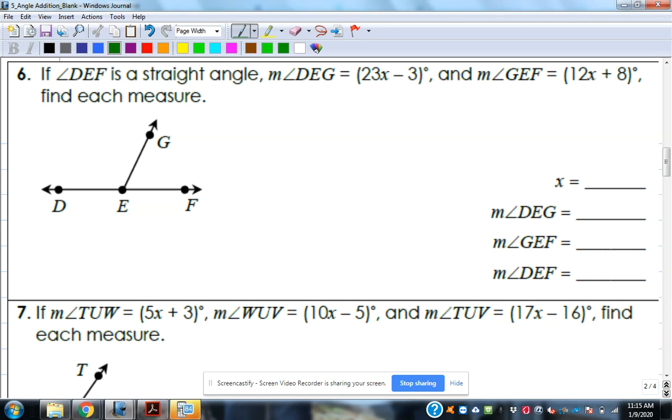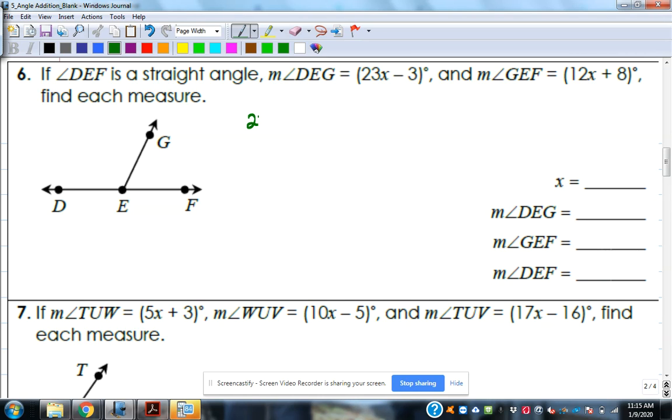All right. So let's look at number 6 there. Angle DEF is a straight angle, and the measure of angle DEG is 23x minus 3. The measure of angle GEF is 12x plus 8. How do we set up this problem? 23x minus 3 plus 12x plus 8 equals 180.